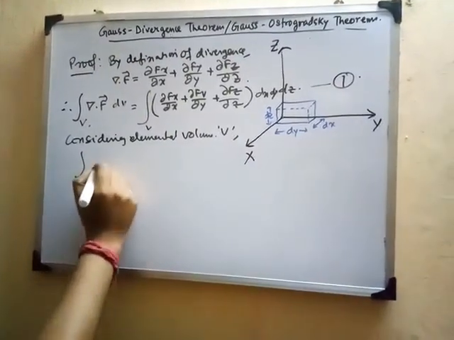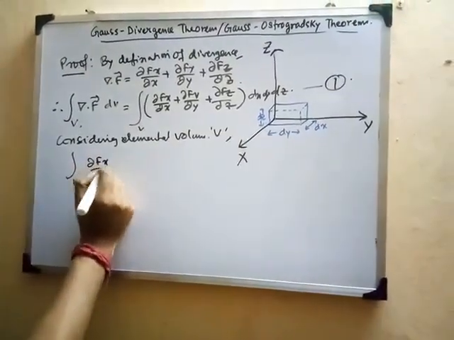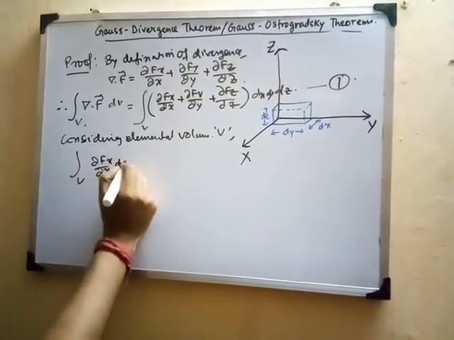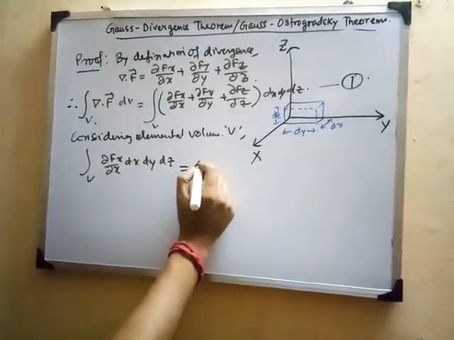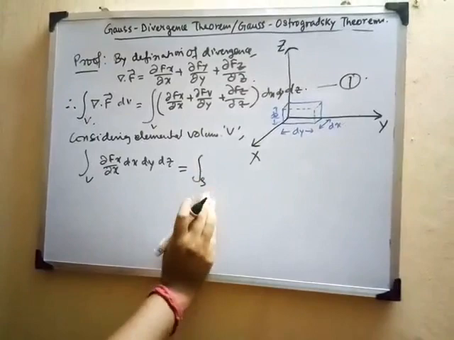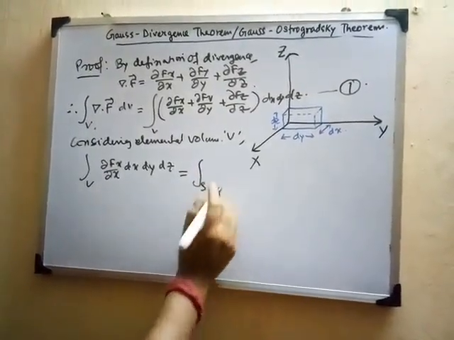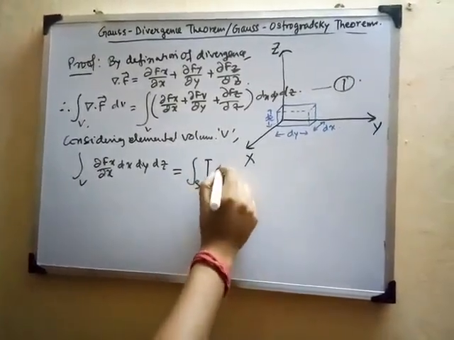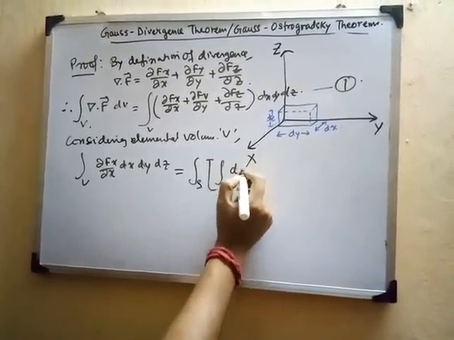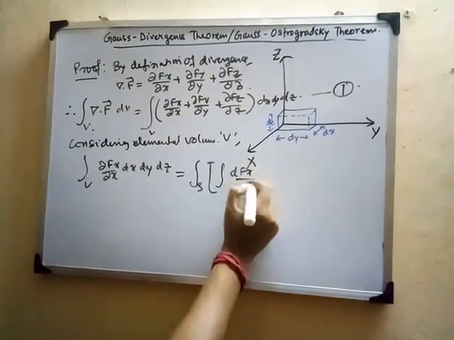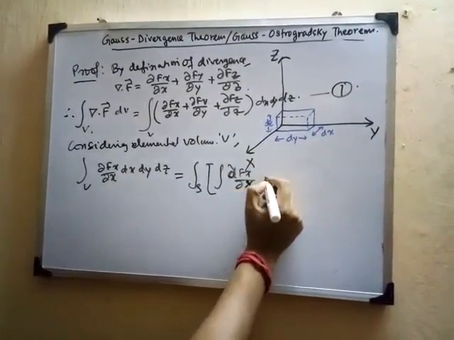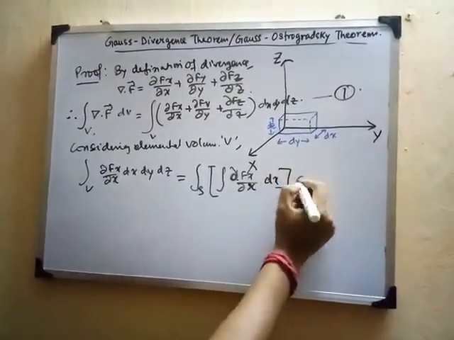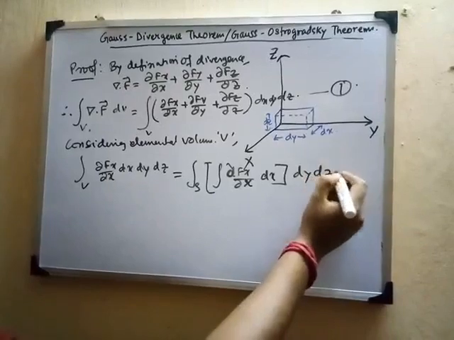So this is the volume integral of del fx by del x dx dy dz, and that will be equal to, as per the theorem, the surface integral of del fx by del x dx, and dy dz.